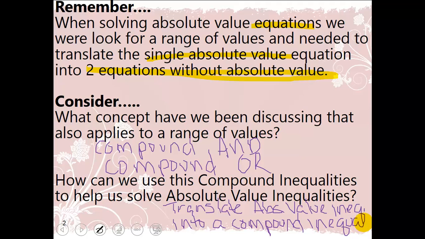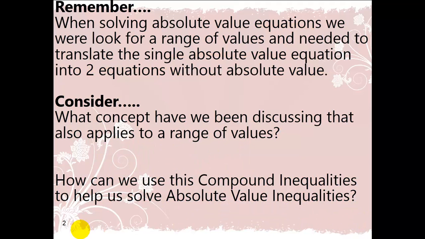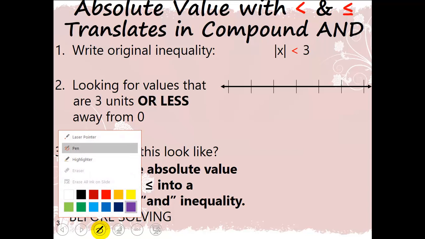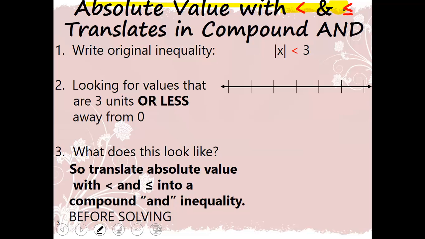We just have to determine whether we write it as a compound and or a compound or. So let's consider how we translate an absolute value with less than or less than or equal to symbol. What's going to happen, we're going to see, is it's going to translate into a compound and.